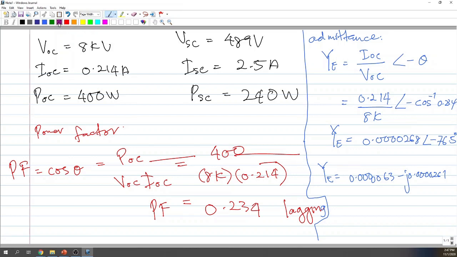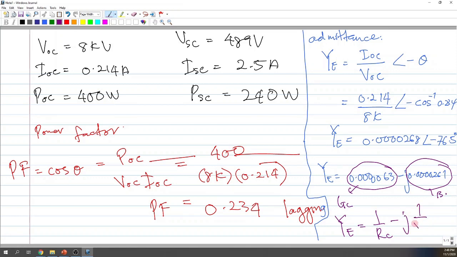Okay. So this part is equal to the GC and this part is equal to BM. Okay, so kita comparekan lah dengan equation tu. 1 over RC minus J 1 over XM.